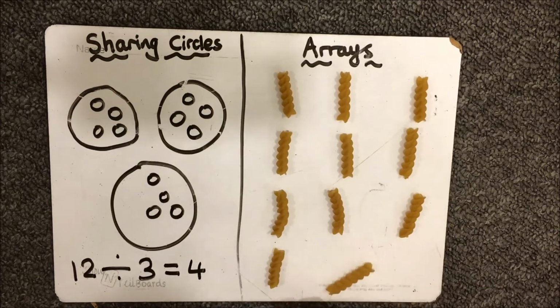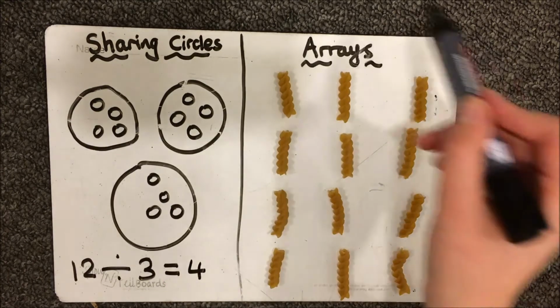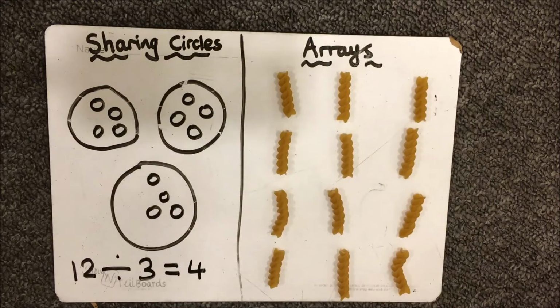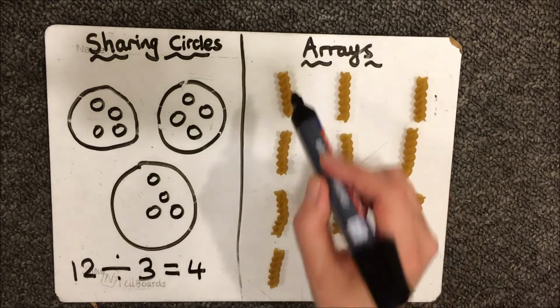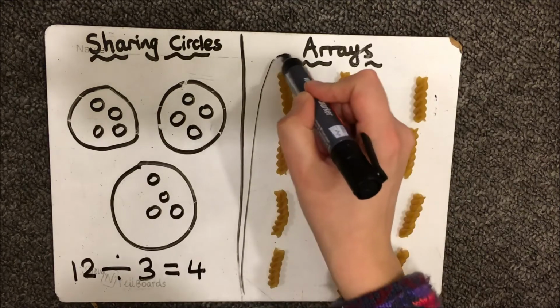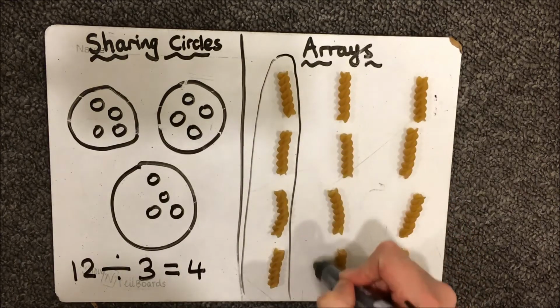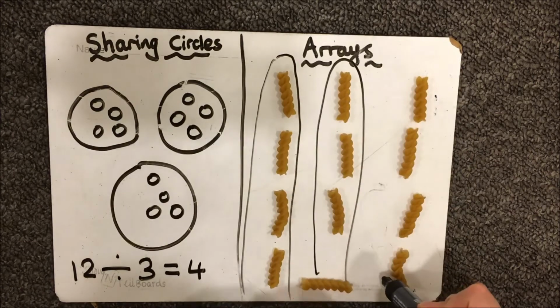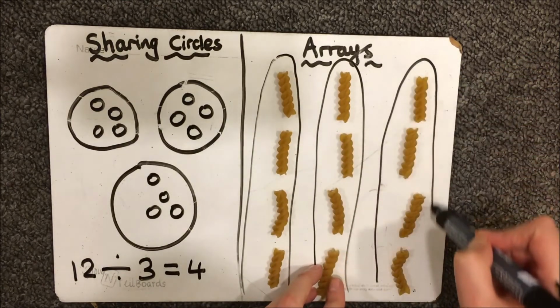Looks like an array from yesterday because everything is in line. So I've got 12 shared into, where are my 3 groups? Yeah, that's right. I started here, then here, then here. So I've got 1 group here, 1 group here, and 1 group here.